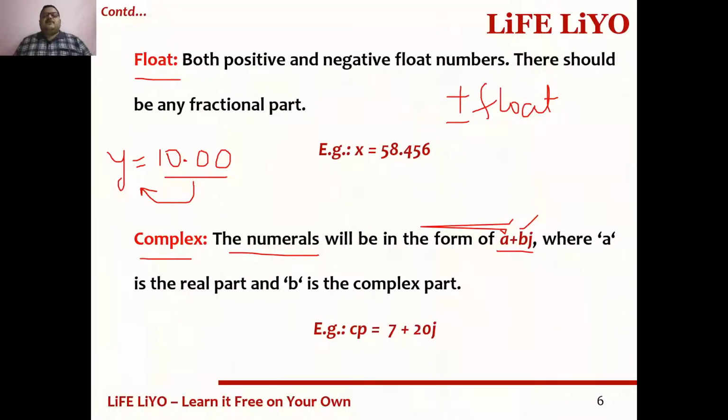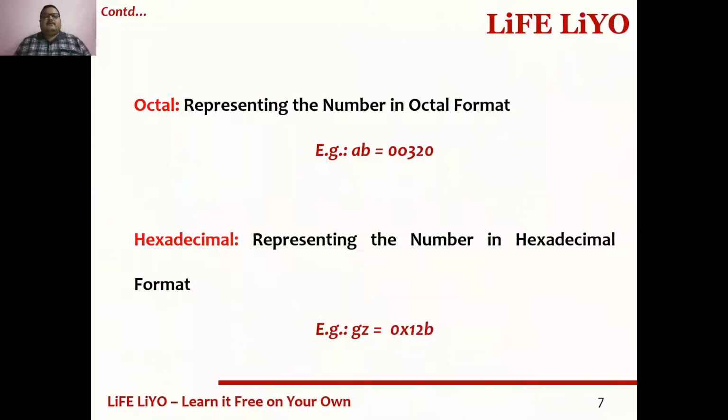If you want to assign any complex number, you can use this a plus bj format and assign it to any variable. Octal means representing a number in octal format, that is 0o, lowercase o, followed by the number, assigned to any variable. That is an octal literal.